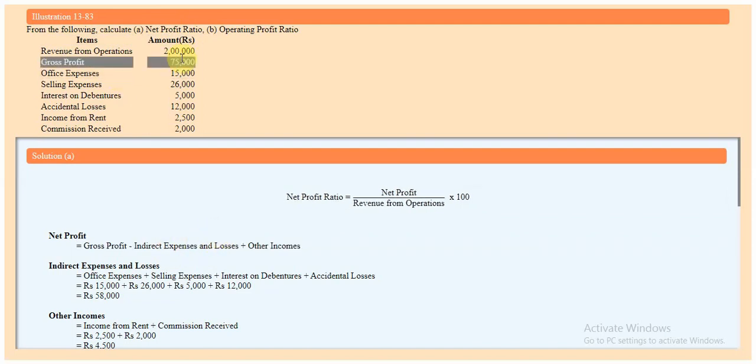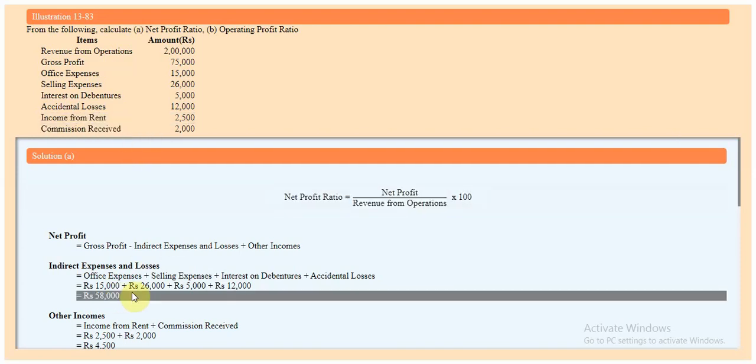So GP is given, which is 75,000, and from that 75,000 reduce every expense. So what are the expenses? Office expense, selling expense, interest on debentures, accidental losses. So these four have to be reduced from the GP, and then incomes like income from rent and commission received. So both these incomes have to be added.